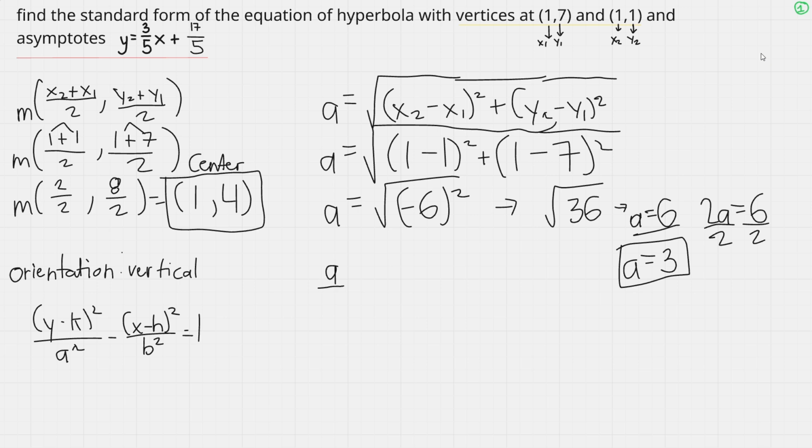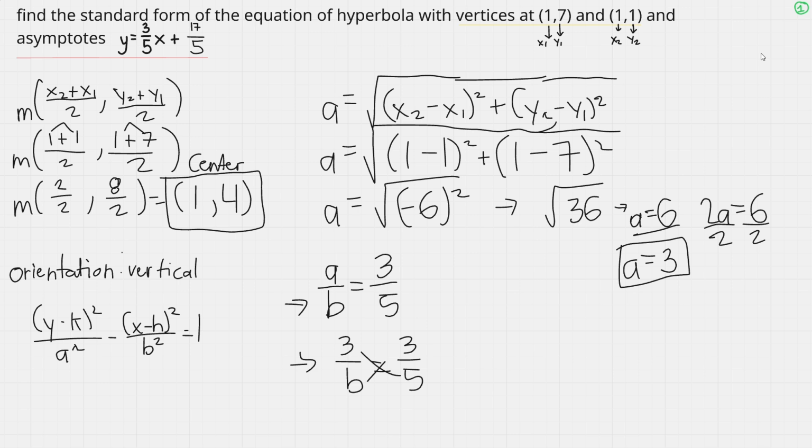So, a over b equals, beside the x, or the coefficient of x, 3 over 5. We have our a is 3. We need to substitute that. So 3 over b equals 3 over 5.